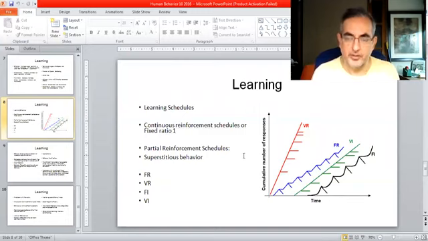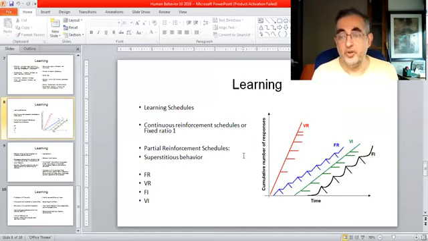Now we explore this phenomenon of partial reinforcement schedules a little bit more. There are a variety of rules or kinds of schedules that you can follow in a partial reinforcement schedule. Fixed ratio 1 is a continuous reinforcement schedule.